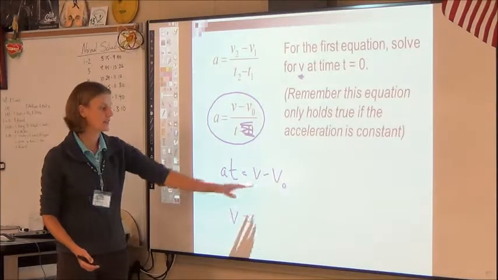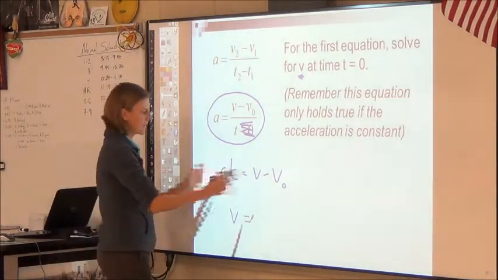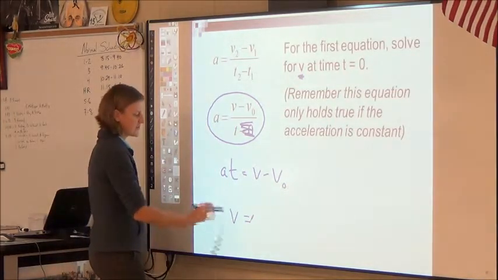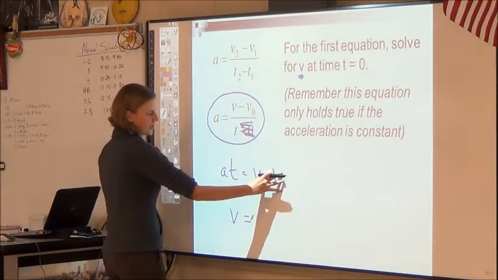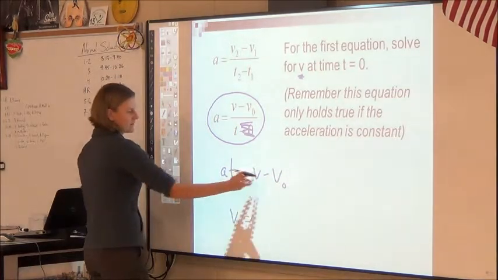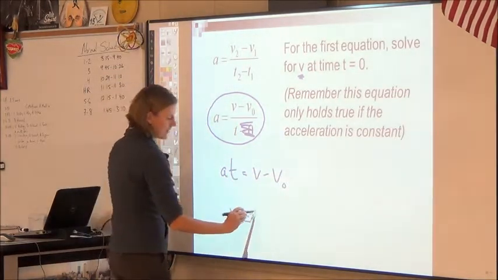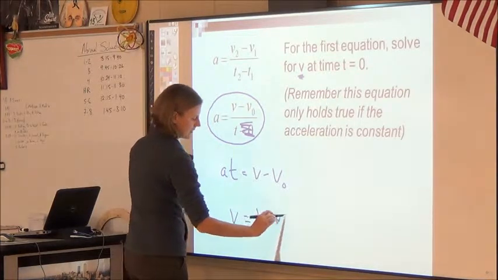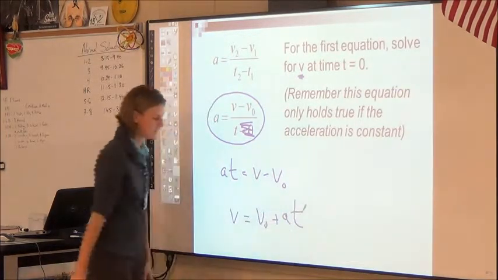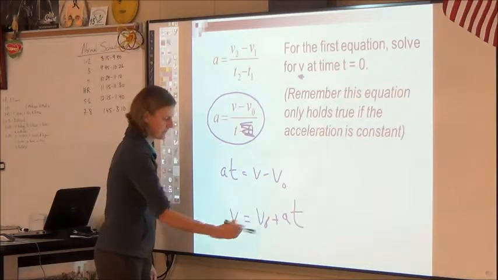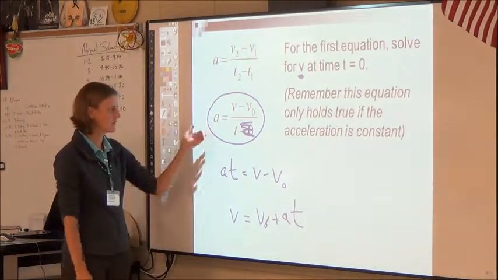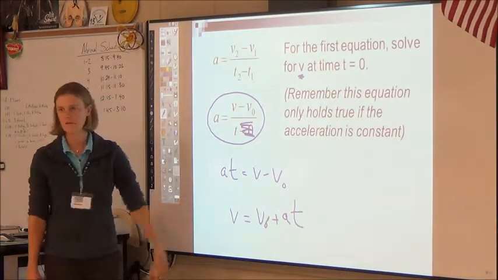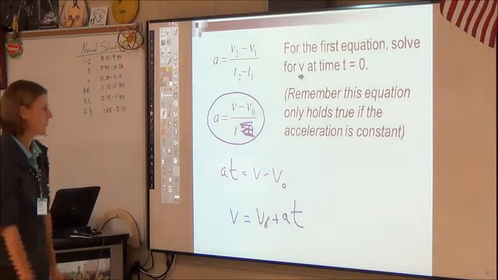So I have to leave it there. I'm just rearranging this so that v is on the left. So you can kind of just picture I've added the v naught to the other side. And there it is, your first kinematic equation, which, in all honesty, is the same as that acceleration equation.